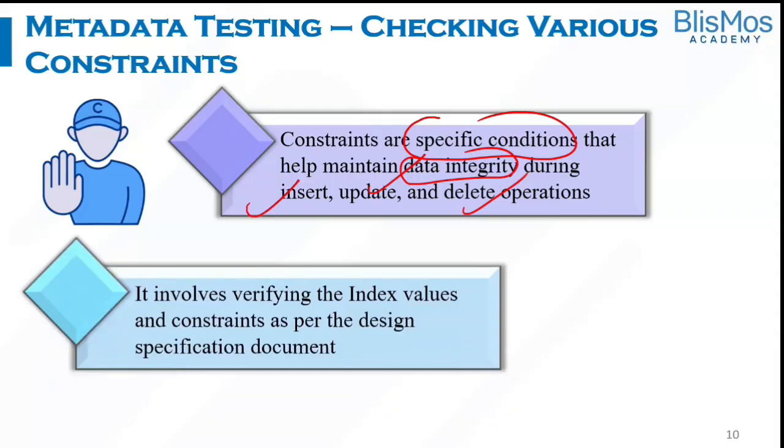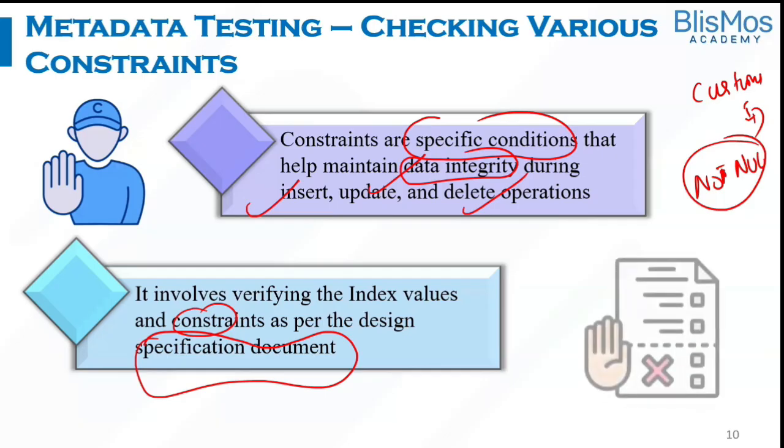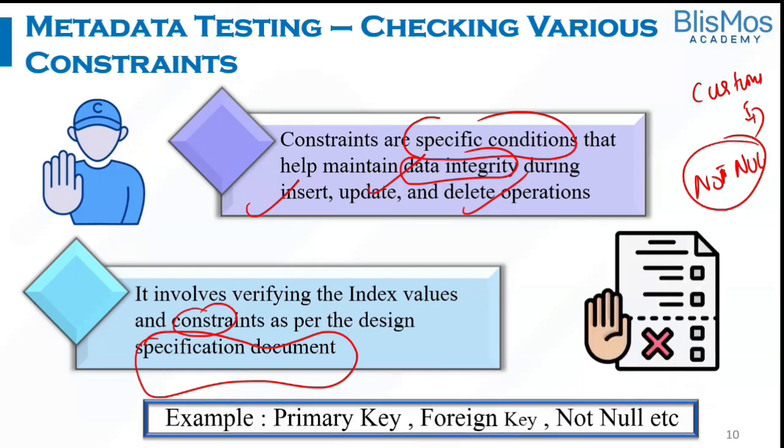As a part of the constraint check, we will verify the index values and also constraints as per the specification document. Let us say customer ID. For customer ID, we can say not null. That is a not null constraint. We'll see whether it is properly updated or not. Some of the other examples of constraints are primary key constraint, foreign key constraint, and not null constraint.